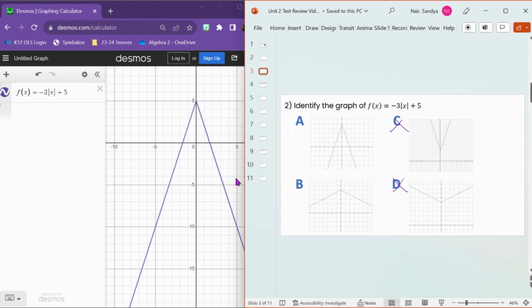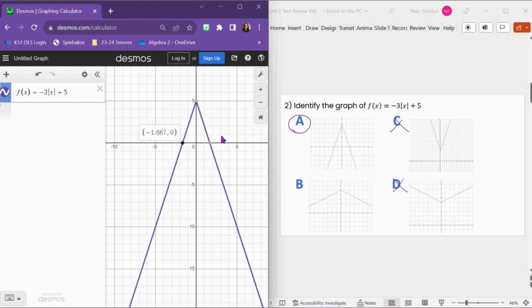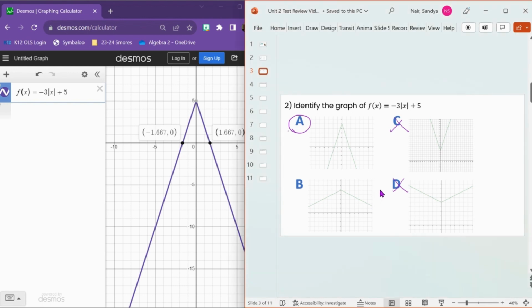So you can see here, based on the shape of the graph, A is looking like a pretty good answer choice. You can also verify by looking at the x-intercepts. See, the x-intercepts are negative 1.667 and 1.667, and that does in fact match this graph A right here, right? Because in B, the graph does not cross the x-axis at those points.